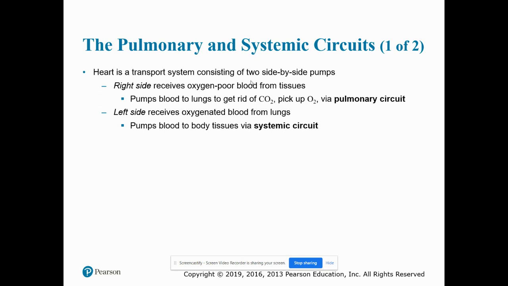The left side, which is a different pump, is going to receive oxygenated blood from the lungs, and it's going to pump blood to the body tissues via the systemic circuit. So what we need to remember here is that the right side is going to pump via the pulmonary circuit, the left side, the systemic circuit.